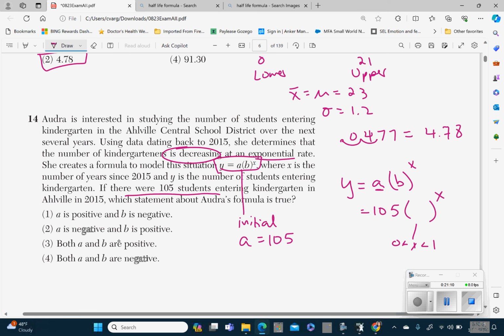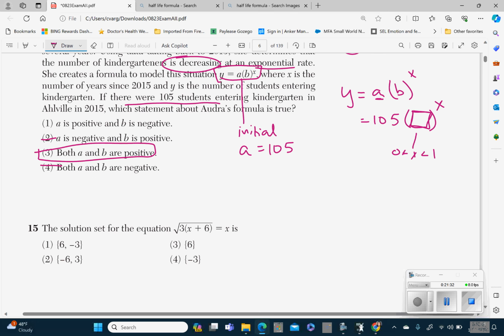This is positive, so anything that says a is negative is wrong. And this number is going to be between 0 and 1, which is also a positive number. So we can say that both a and b are positive. The only thing we know about the number in the box is it has to be between 0 and 1, which is a positive number.